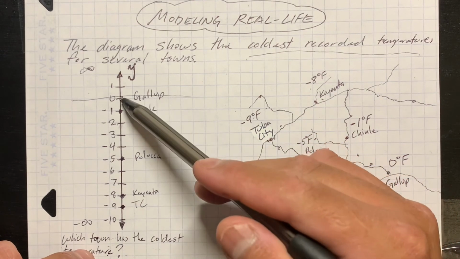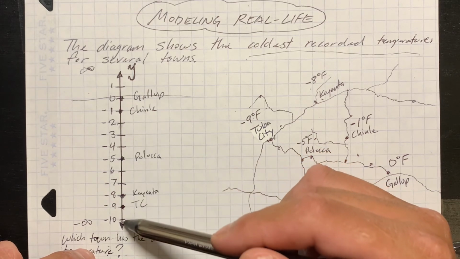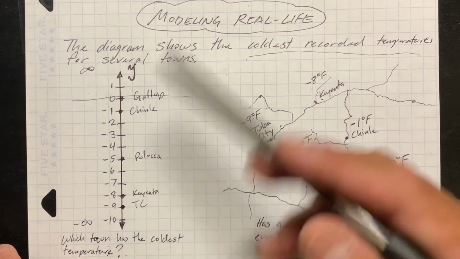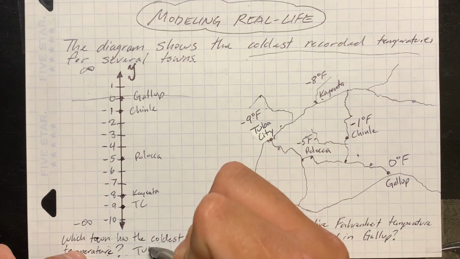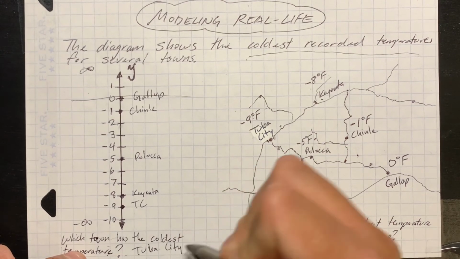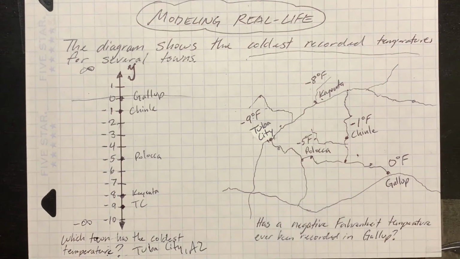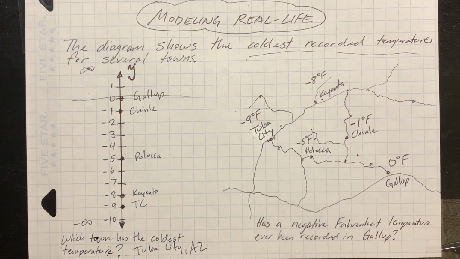So if we look here, here's your origin, and the number that is the furthest down would be the coldest. So according to our graph and our numbers, hypothetically, we're saying that Tuba City, even though it's not true, is the coldest. And we keep in mind that these are the coldest recorded temperatures.